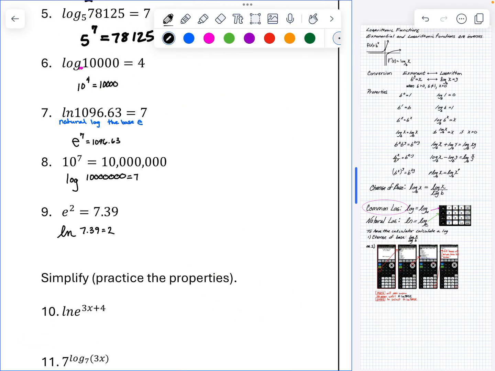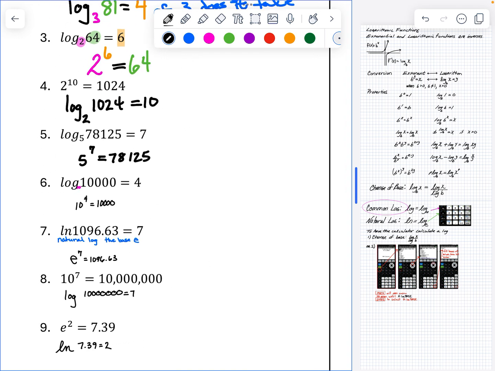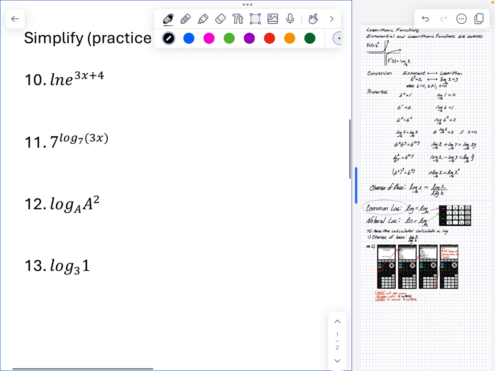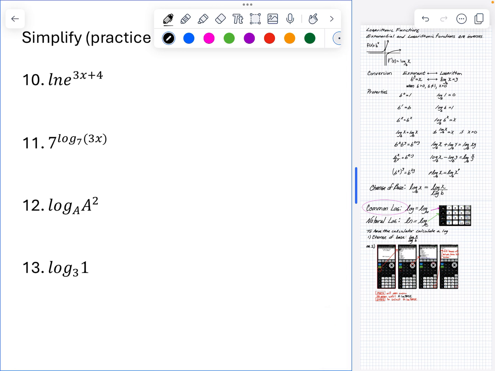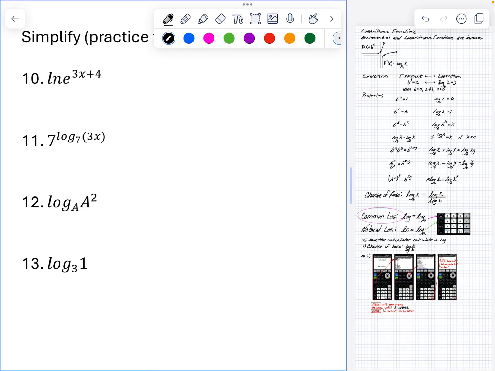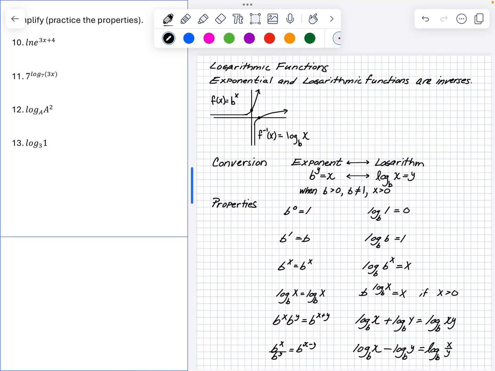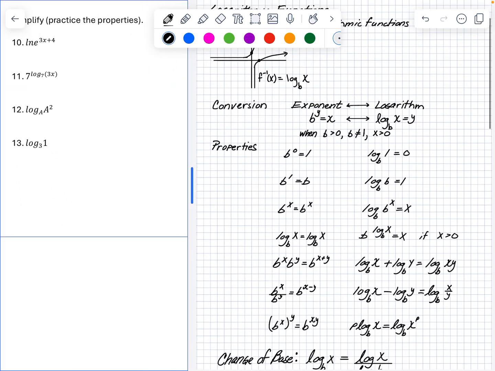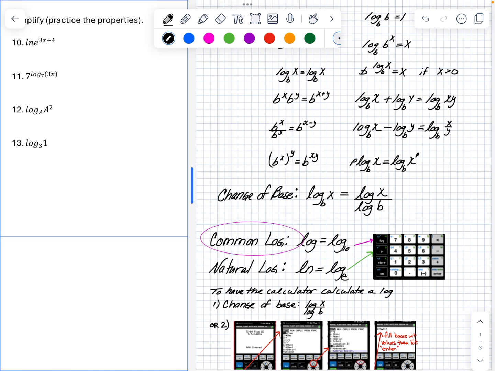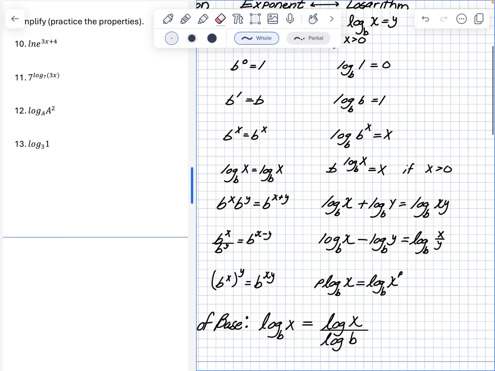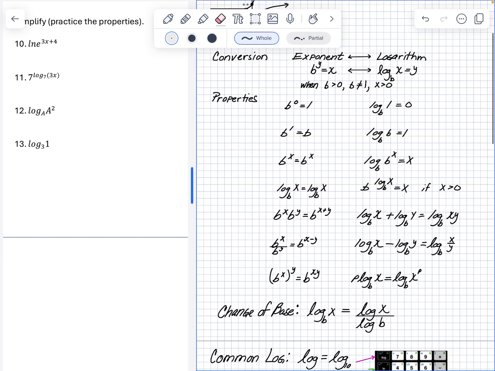So now that we know how to switch back and forth between logarithms and exponents, the other thing we're going to do is there are a whole bunch of rules. If you look at these notes, there are a ton of rules for exponents, and we are going to look specifically at these properties in this section.